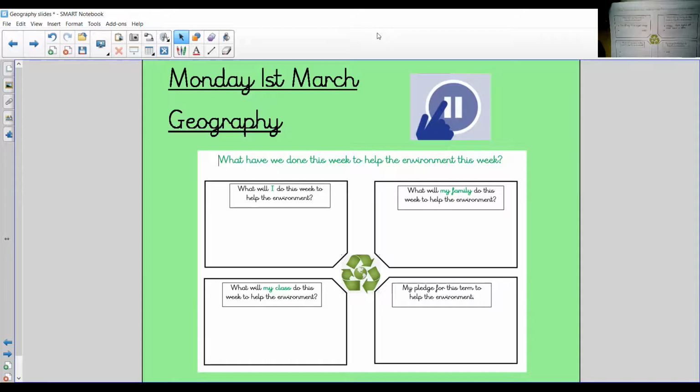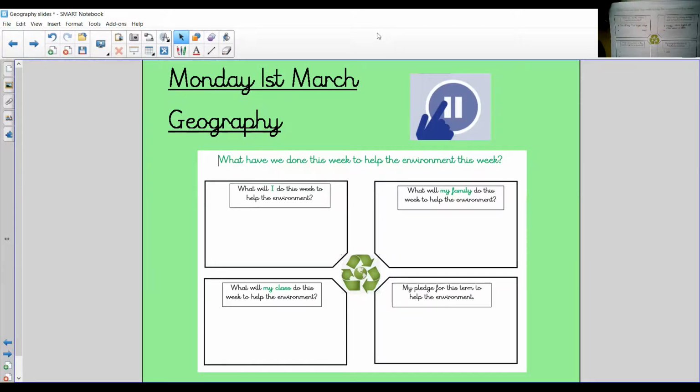This should be attached somewhere that you can either print off or get a closer look at. Like I gave you that little challenge of what waste for the week have you collected. This is what have we done this week to help the environment?